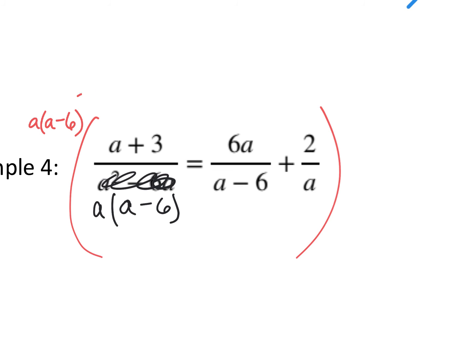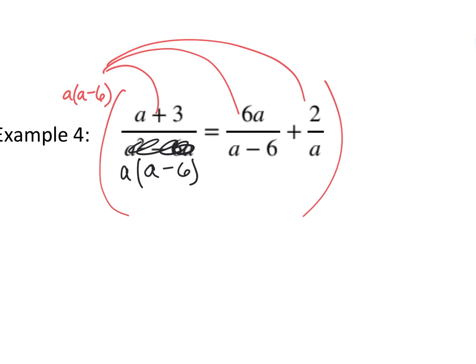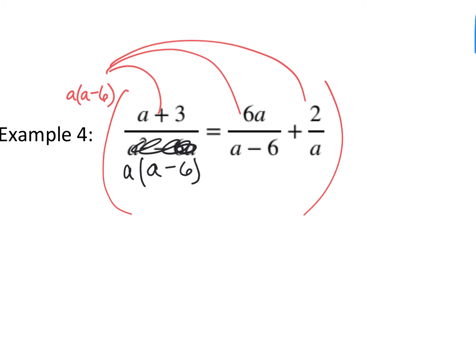So now we're going 1, 2, 3. For the first one, tell me what I'm going to write on the top. I'm not distributing anything, I'm just multiplying. So I keep all my binomials separated in parentheses, I keep my monomials in the front. So a times a minus 6 times a plus 3.